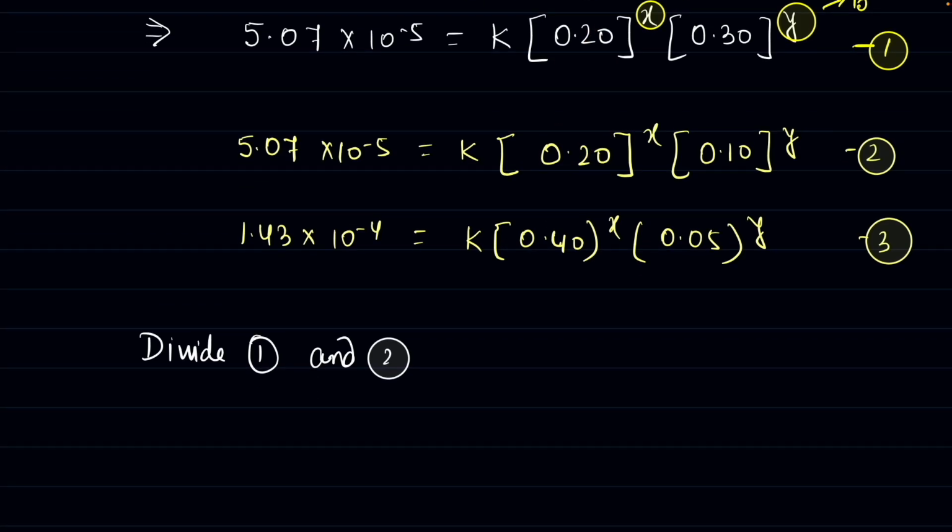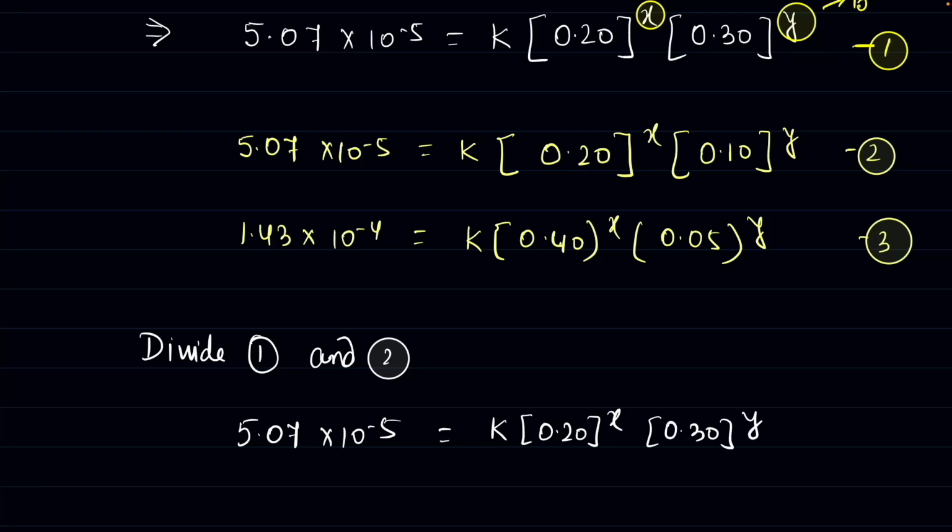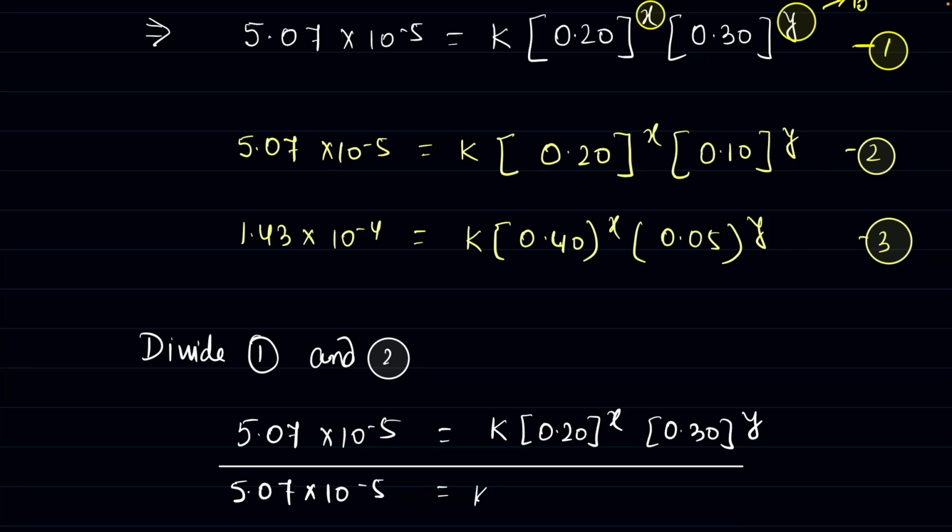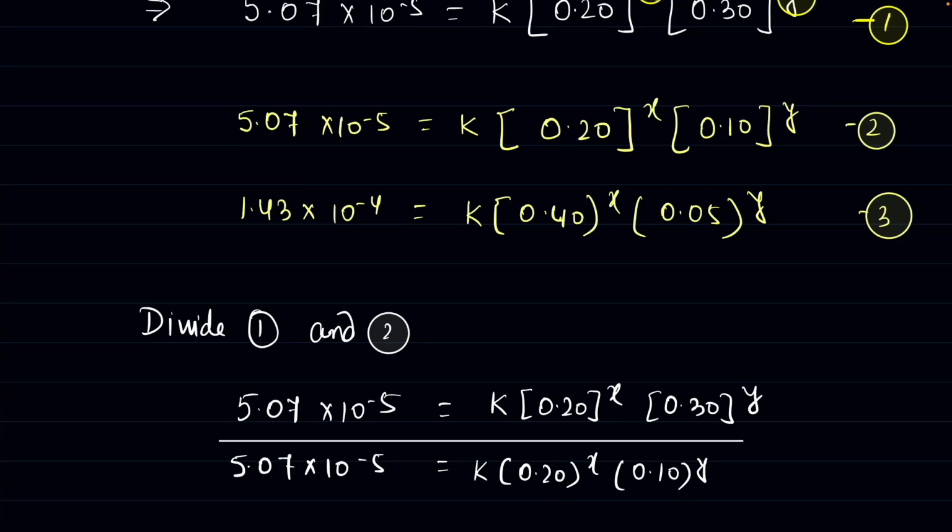We can write 5.07 into 10 to the power minus 5 is equal to K, 0.20 to the power X and 0.30 to the power Y, divided by 5.07 into 10 to the power minus 5 equal to K, 0.20 to the power X, 0.10 to the power Y.